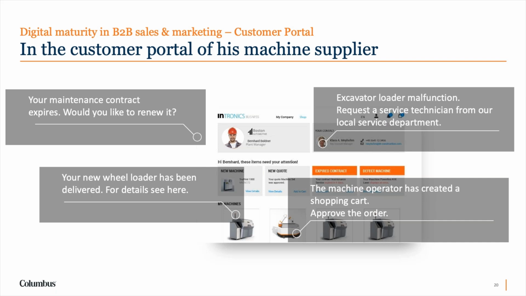Follow up, for example to activate a warranty or book a training session, or whatever is needed. Or even internal processes, like your colleague has created a shopping cart with those spare parts and services and it requires your approval. Those are smart, proactive ways to communicate information on the website.